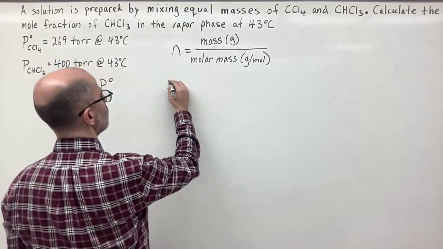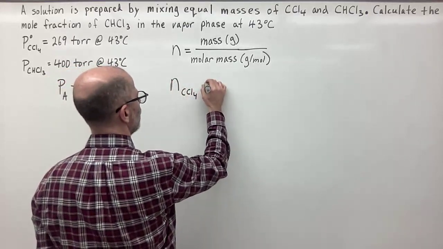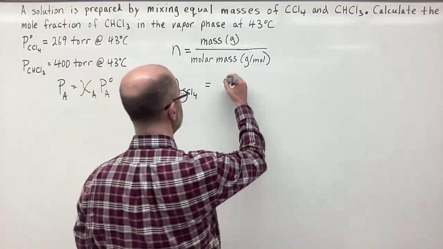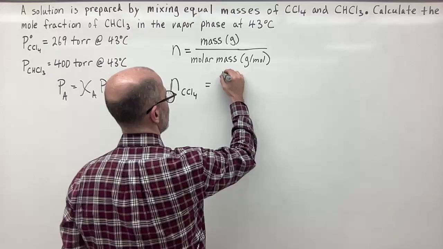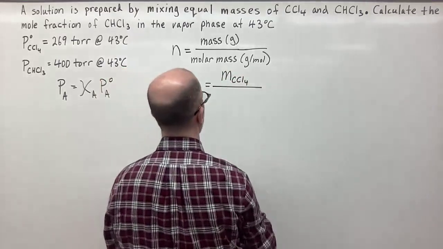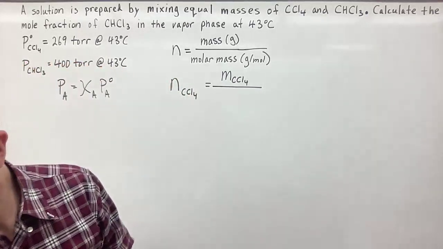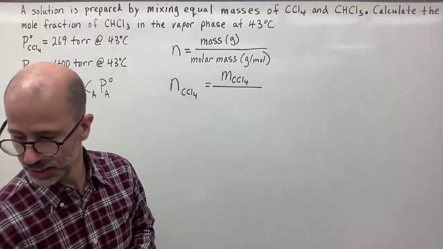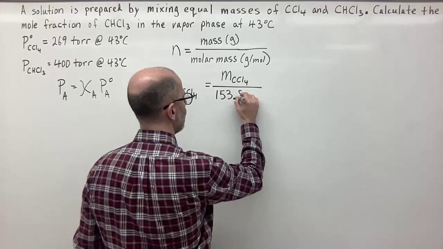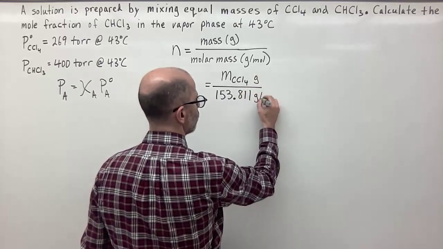The moles of CCl4 is going to be equal to the mass of carbon tetrachloride, MCCl4, divided by the molar mass of CCl4, which is 153.811 grams per mole.